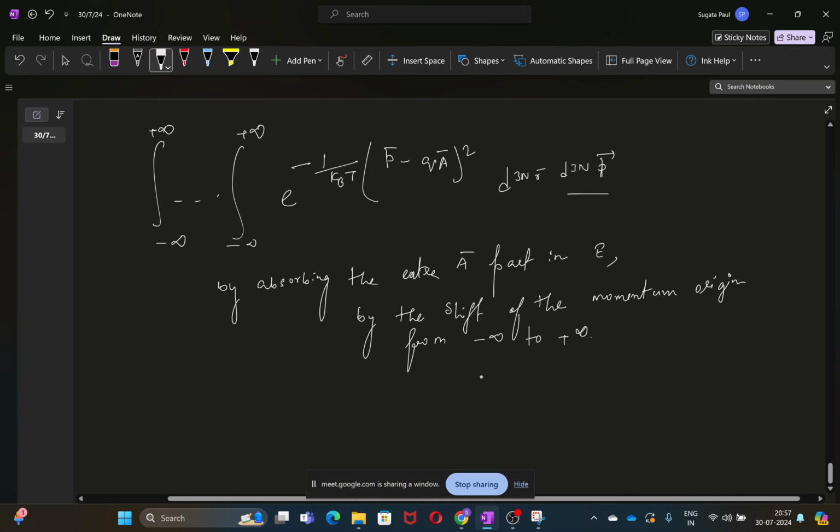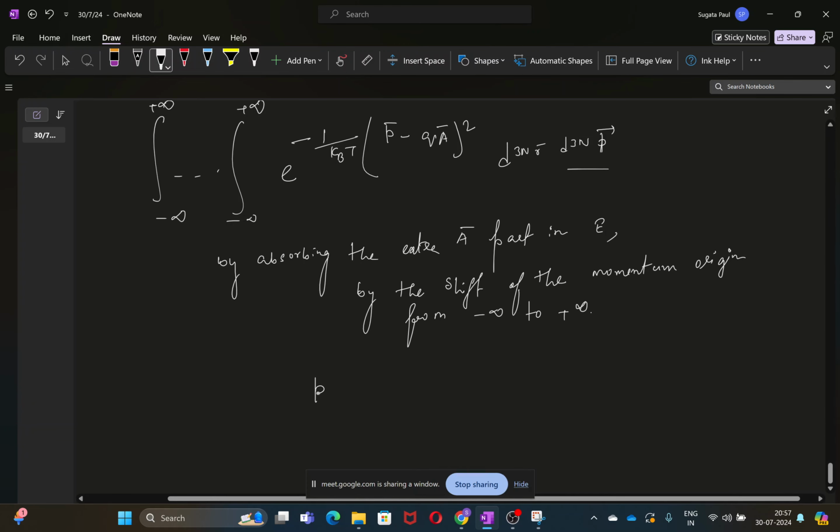Because the integral limit is from minus to plus infinity, you can easily shift the momentum origin as you choose, and that's why you can easily absorb the extra term that contains the vector potential A vector, and again you are left with the same term.